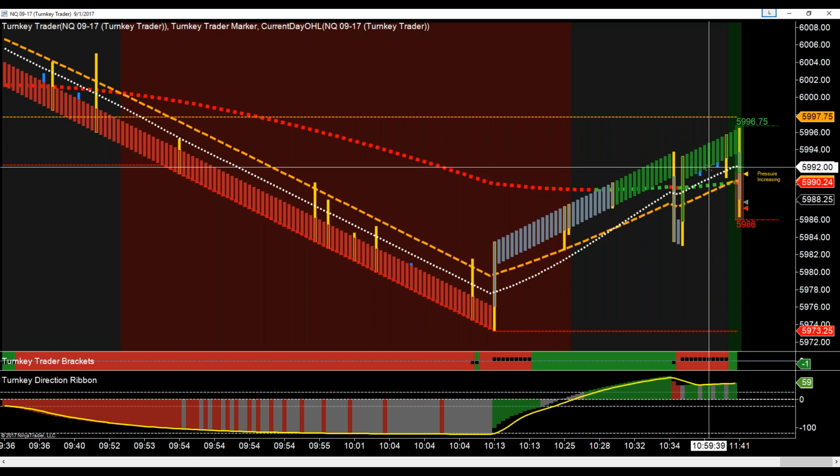And the thing I like about the trailing stop is that if you're trailing at the white or the orange line, and it gets to 20 ticks, you can just hop out of the trade if you're satisfied with 20 ticks. I mean, it's a pretty good profit.